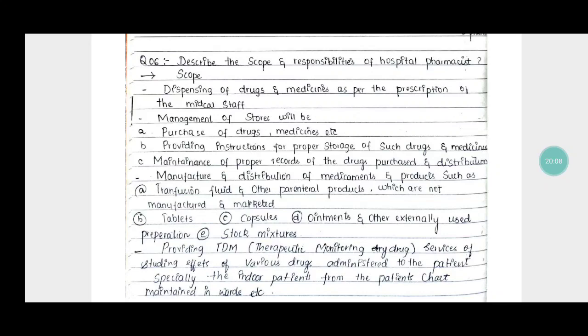Dispensing of drugs and medicines as per the prescription of the medical staff, management of the stores including purchase of drugs and medicines, providing instructions for proper storage of such drugs, maintaining proper records of drug distribution, and manufacture and distribution of medicaments and products such as transfusion fluids and other parenteral products which are not manufactured and marketed, as well as tablets, capsules, ointments, other externally used preparations, and stock mixtures.